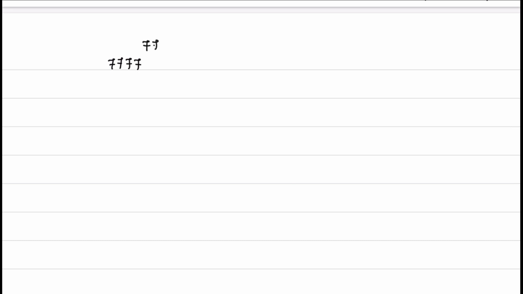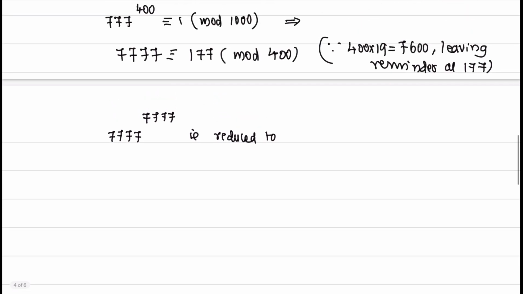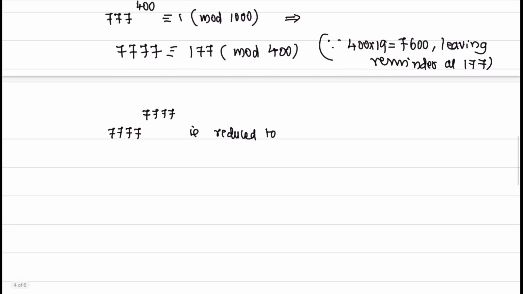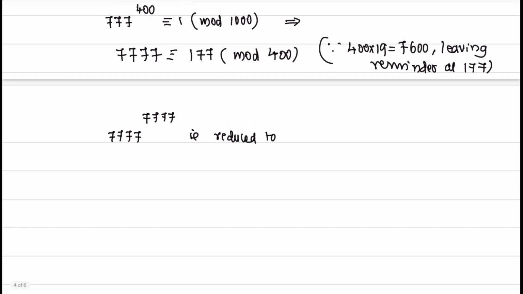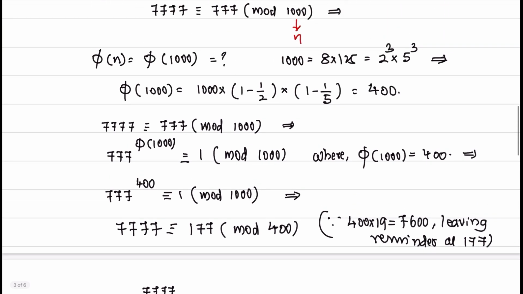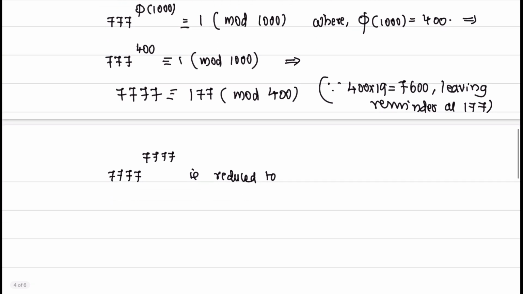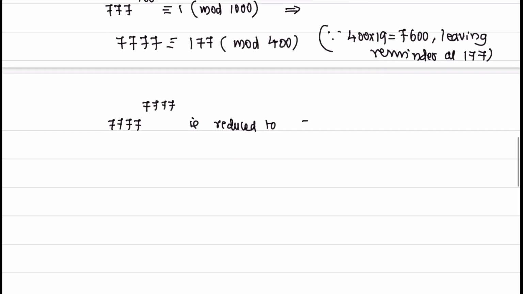What is 7777? It is nothing but 7777 modulo 1000, that means 777. Now we will put the mod 1000 afterwards.